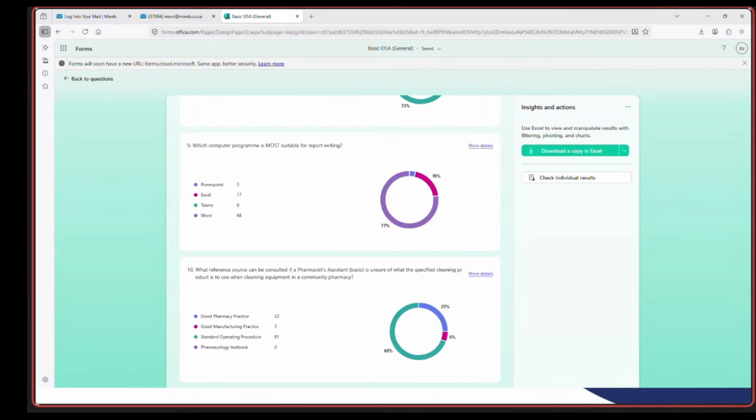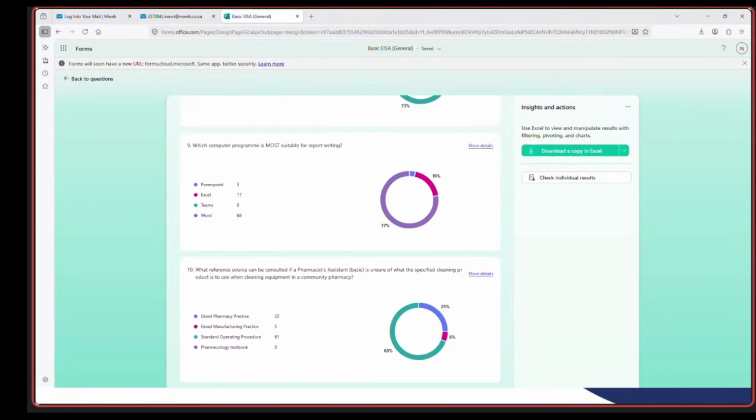Question number 10. What reference source can be consulted if a pharmacist assistant basic is unsure of what the specific cleaning product is to use when cleaning equipment in a community pharmacy? So here you have a setting again, and this is now on housekeeping. So what is the most appropriate answer that you will have here?